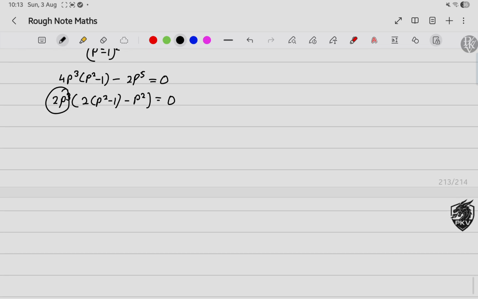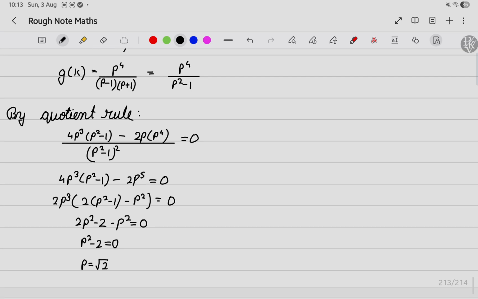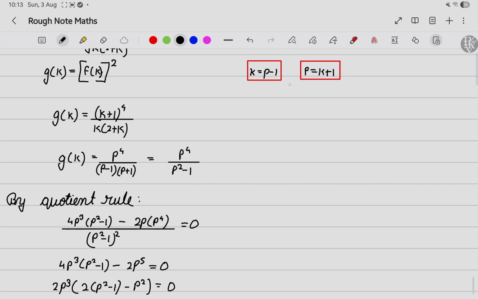Now I'm going to take this to the other side, getting 2p square minus 2 minus p square equal to 0, and p square minus 2 equal to 0, and p is root 2. Now if p is root 2, according to the above, we can express that k is root 2 minus 1. K will be root 2 minus 1.